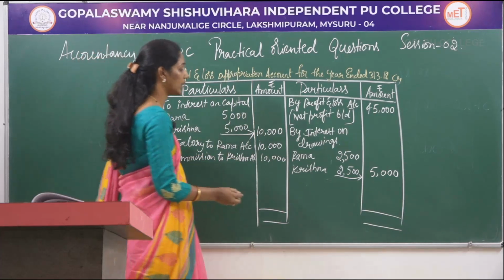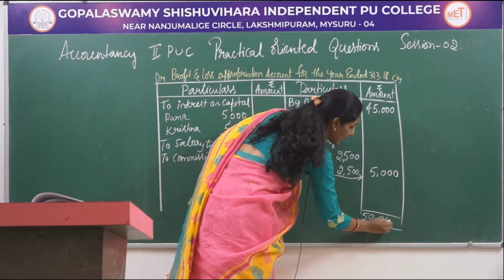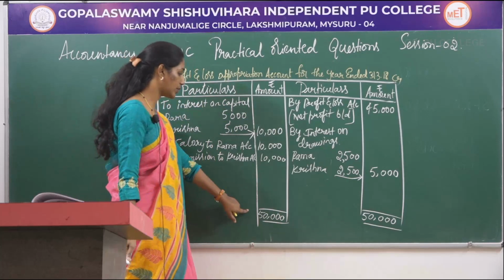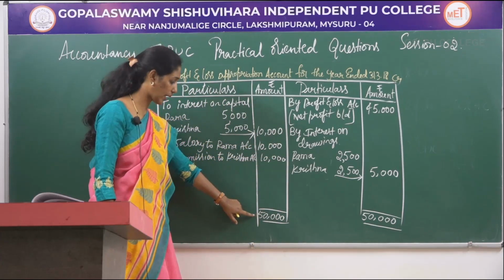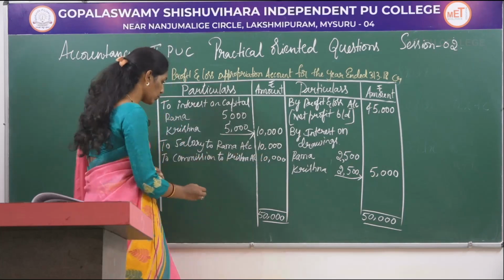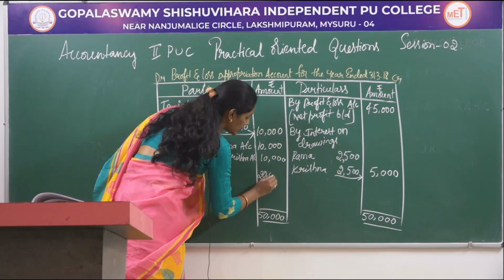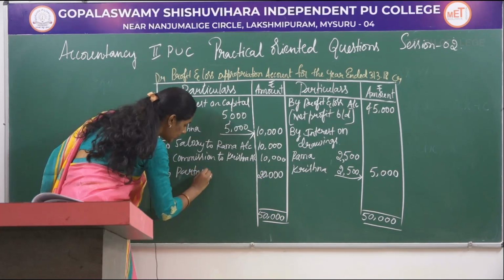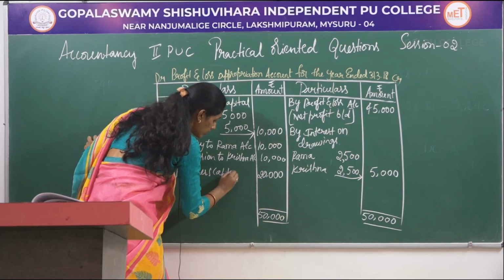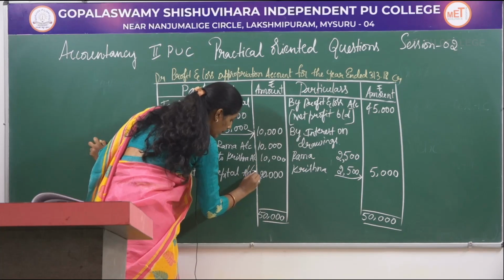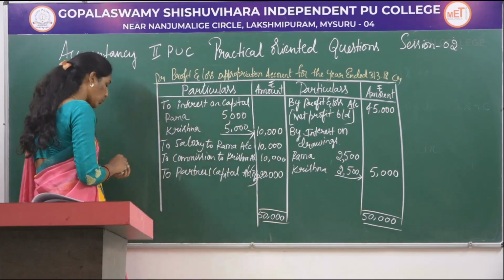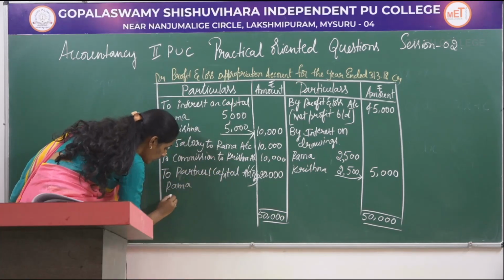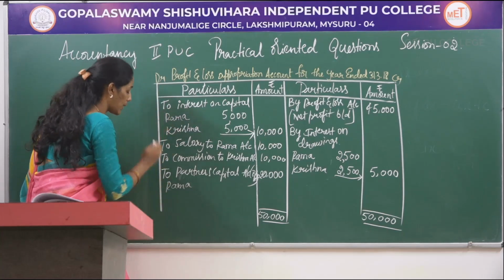So now you have to make a total on both the side. 45,000 plus 5,000, you will get 50,000. On the credit side, the total is 50,000. Write the same total on both the side. Now deduct total of debit from the total of credit. 50,000 minus 30,000, you will get 20,000. This difference balance should be recorded as to partners capital account, balancing figure, and this 20,000 must be distributed to Rama and Krishna, and assume they are equal partners in the partnership firm.